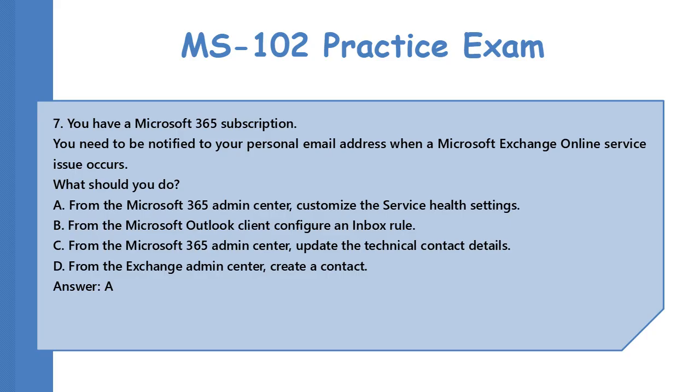B. From the Microsoft Outlook client, configure an inbox rule. C. From the Microsoft 365 Admin Center, update the technical contact details. D. From the Exchange Admin Center, create a contact. Answer: A.